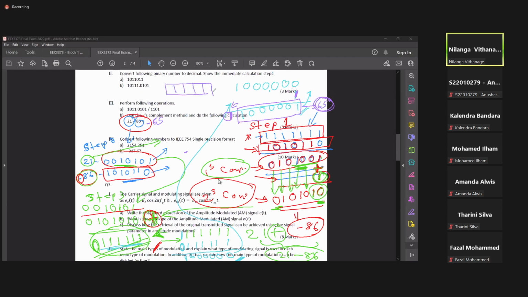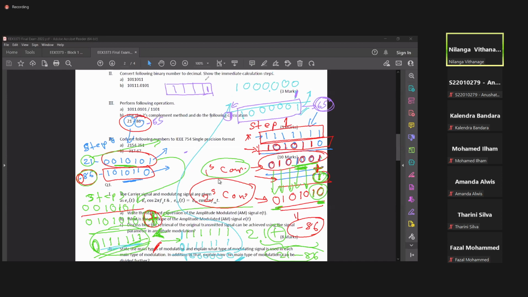Inside of a computer you cannot represent a minus value, because inside of a computer there are memory units, and one memory block can hold 1 or 0, so you cannot say this is a minus value, right?